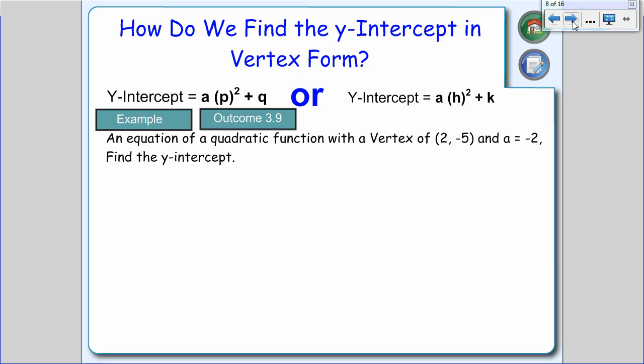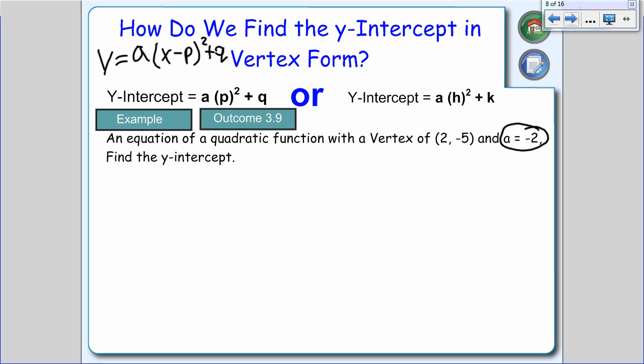So remember our form is y equals a(x minus p) squared plus q. Why would that be helpful for us? Because they told you an a, and your vertex gives you p and q. That's p, that's q.